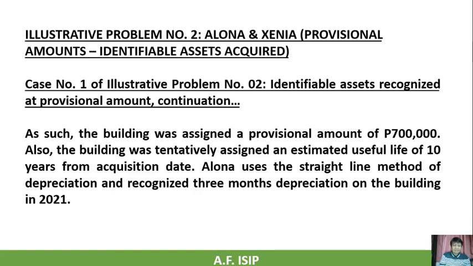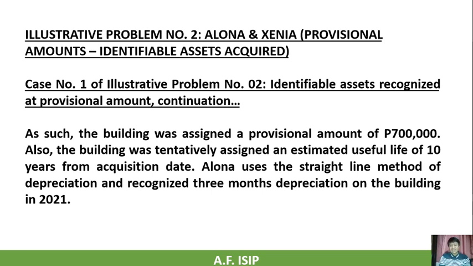Also, the building was tentatively assigned an estimated useful life of 10 years from acquisition date. Also, the 10 years estimated useful life is just provided by Alona in consultation with her external auditor.